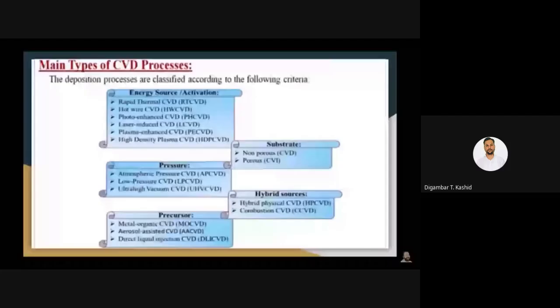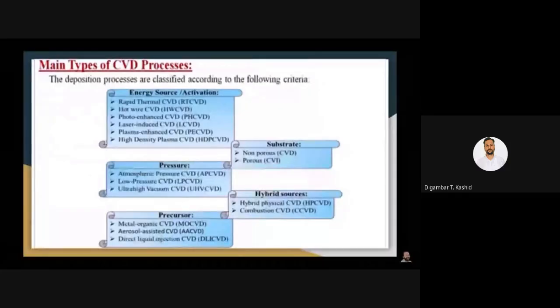Next, here, metal organic CVD, aerosol, that source we are going to take. So this source model we can see in different types. So these are different types of CVD. Let us discuss these types one by one.